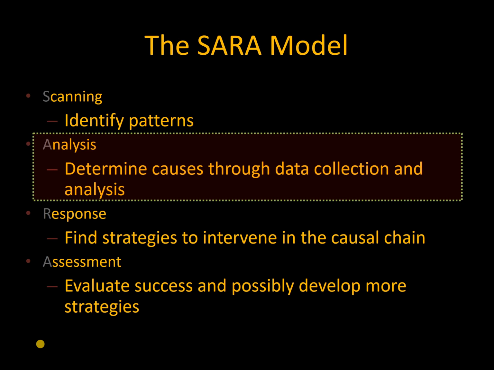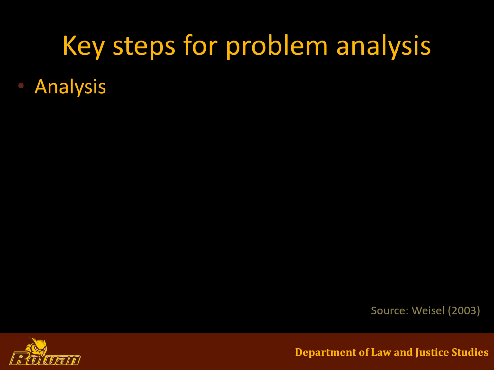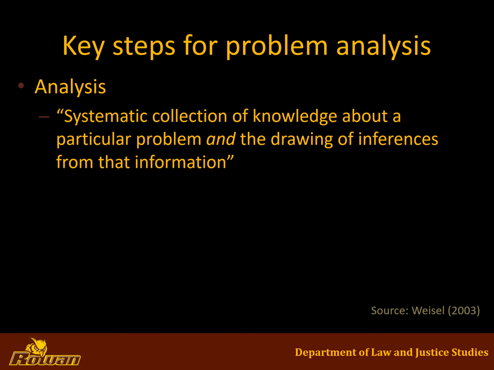Our second step is then going to be to analyze the problem. Here we're going to try to determine the causes of our problem through data collection and analysis. Based on some of the things we talked about earlier in the semester, and we've talked about a couple of different definitions, generally speaking analysis is the systematic collection of knowledge about a particular problem and the drawing of inferences from that information.